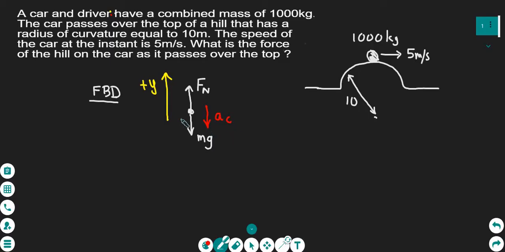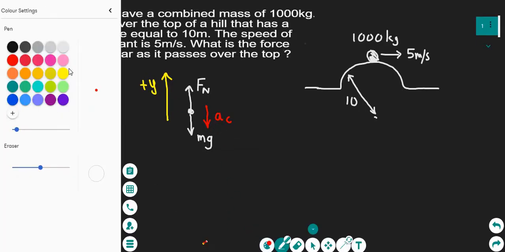Okay, so now these are all the information that I need to apply Newton's second law of motion. I have all the forces upward and downward. I have defined my coordinate system conveniently, and I also have the acceleration acting on the object which is pointing downward, the centripetal acceleration.